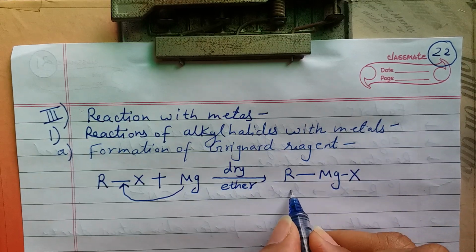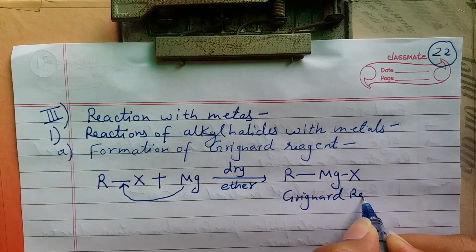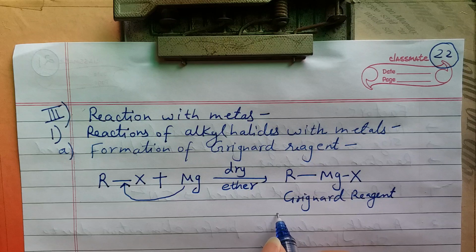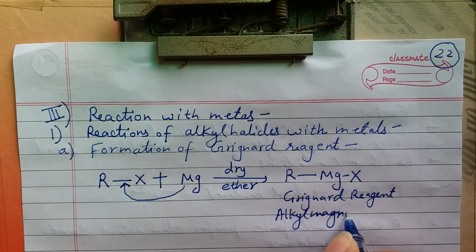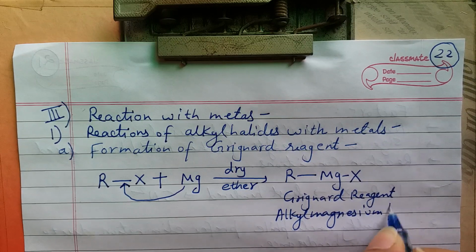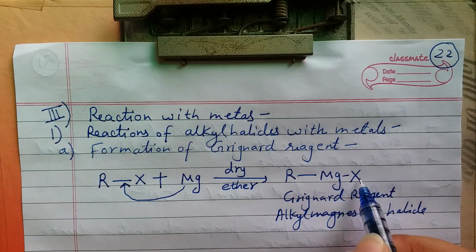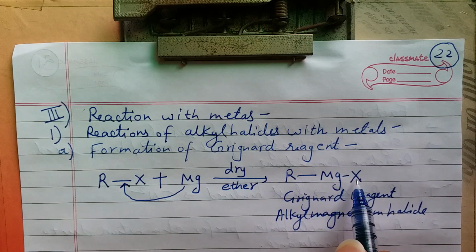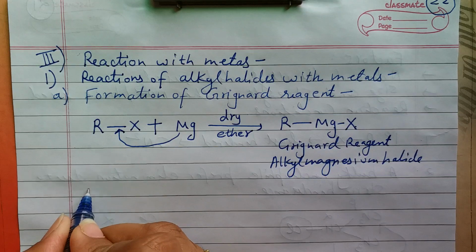This compound is called the Grignard's reagent. Grignard reagent can also be called the alkyl magnesium halide. So Grignard reagent is what? It's an alkyl magnesium halide, RMgX, right?